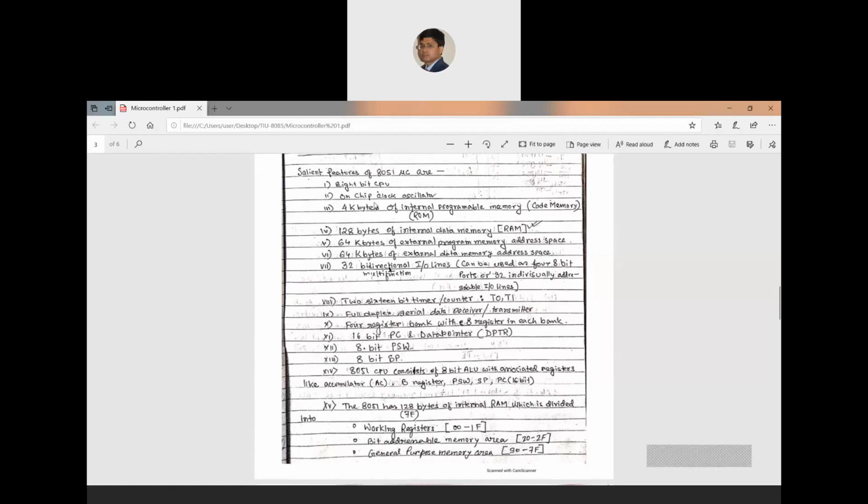So there are two different kinds of RAM and ROM structures integrated in the 8051 microcontroller. We have the provision to increase the size of RAM and ROM, but only up to 64 kilobytes.